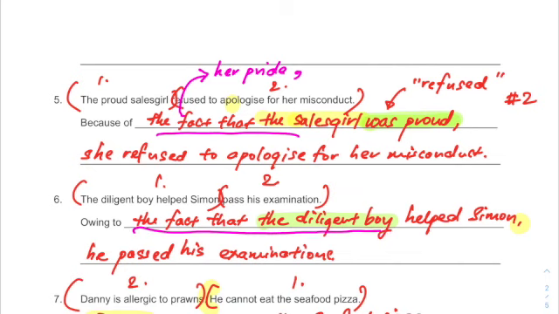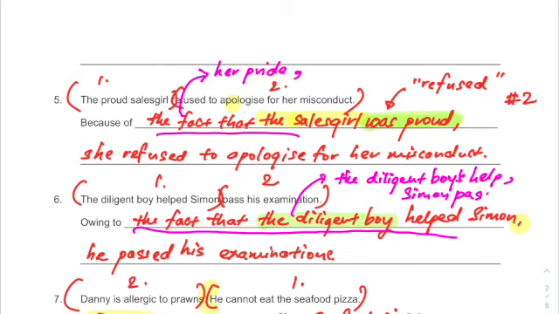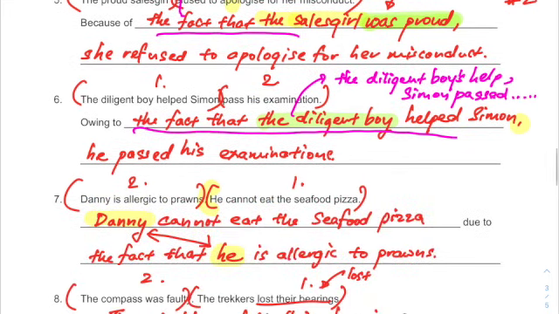Question number 6. Okay, owing to the diligent boy's help, Simon passed his examination. All right, that shortens it drastically. All right, so this is the alternative way.